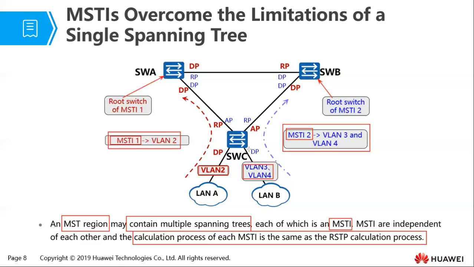So traffic from VLAN 3 and 4 has to pass through this direction. So generally, that is how MSTP works, the multiple spanning tree protocol. Any questions before we move on?